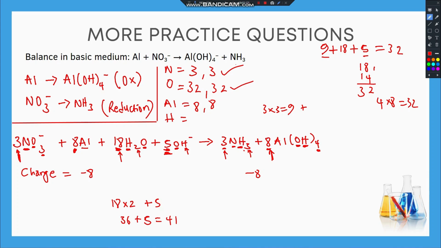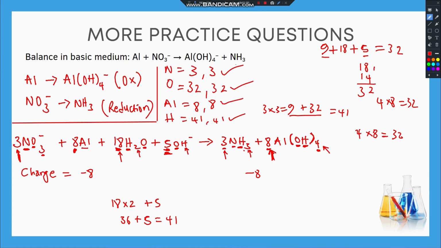It has a subscript of 4 because it's contained inside this bracket, and that subscript affects everything in the bracket. So it has a subscript of 4 times a coefficient of 8. 4 times 8 gives us 32. So we have 32 plus 9. 32 plus 9 is 41. So hydrogen is 41 on both the left hand side and on the right hand side.